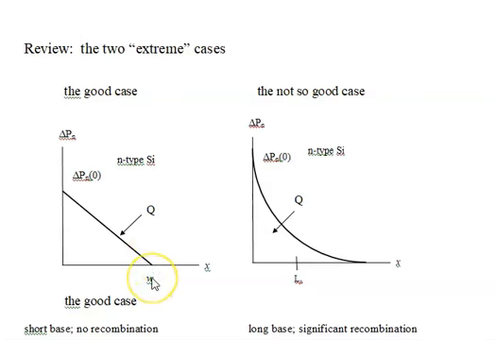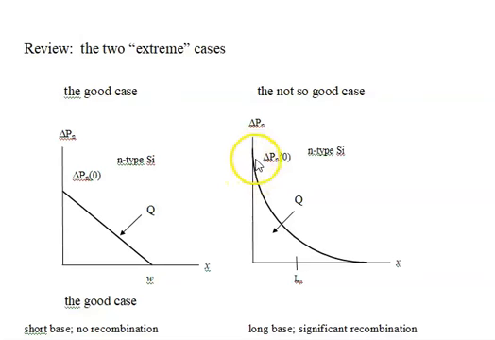Sometimes I call it X sub C, sometimes I call it W. You'll hopefully forgive my sloppiness. The point is, we have a linear variation, and because we have a linear variation, we have a constant diffusion current.